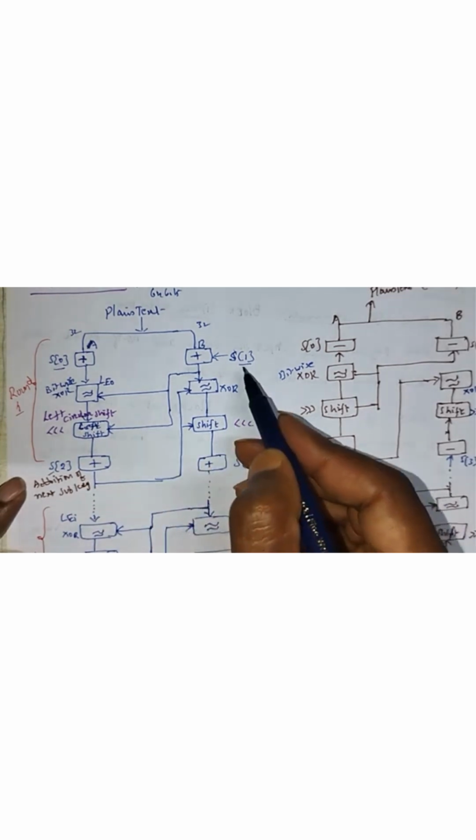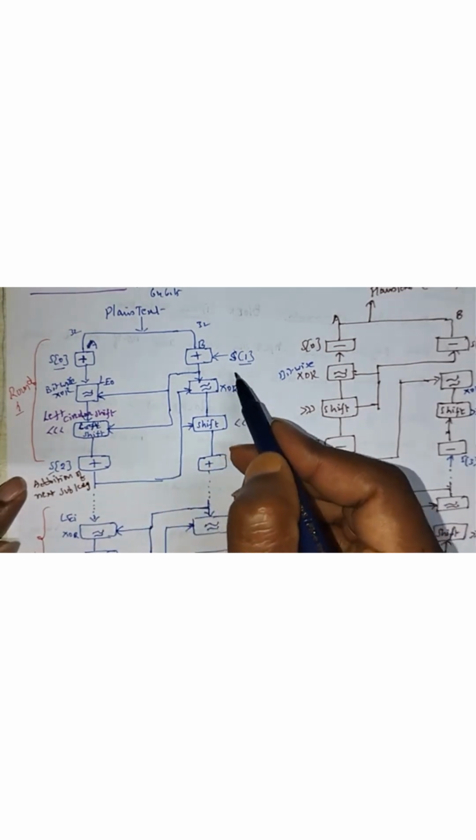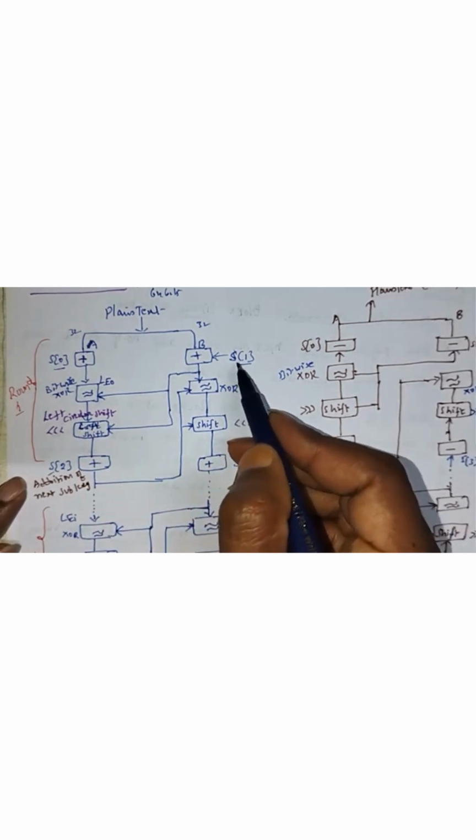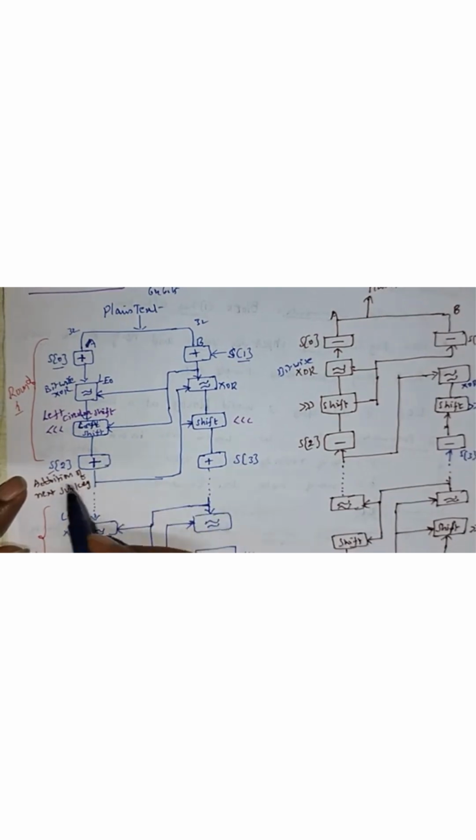Again, that result will go through a left shift operation with the help of the right side data. Next, after the left shift operation, the data will be added with the S2 key.